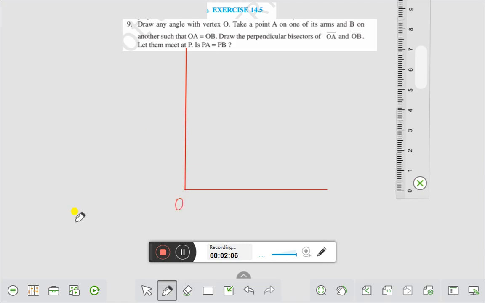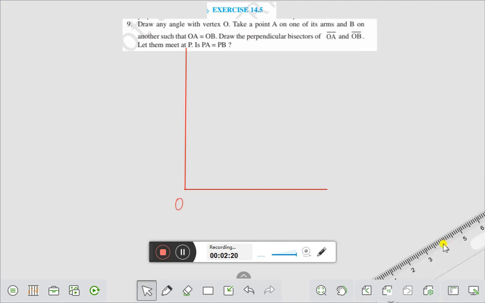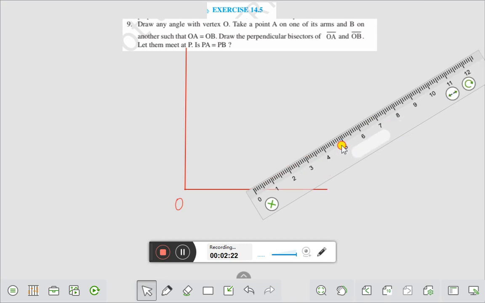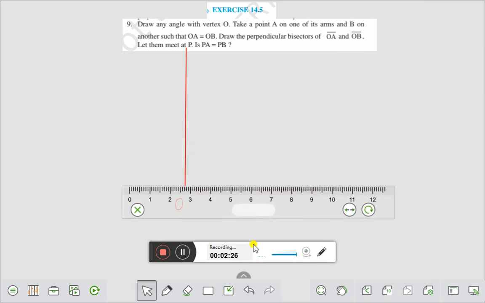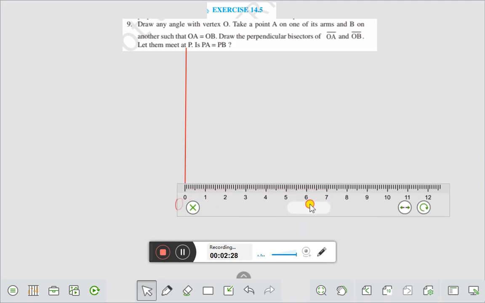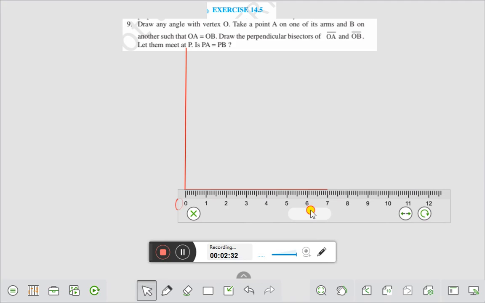Now take a point A on one of its arms. Let us take here from O. From O we are taking point A at 5 centimeter, right?